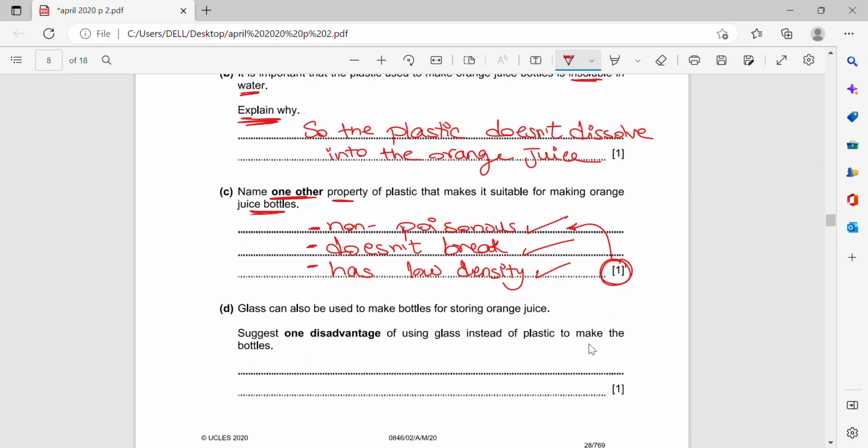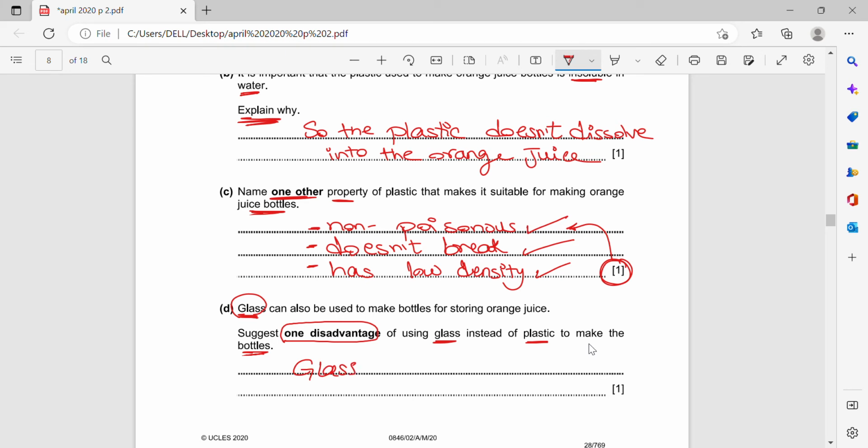The last one, glass can also be used to make bottles for storing orange juice. I can use glass. Suggest one disadvantage. ايه العيب بتاع الجلاس instead of plastic to make the bottles؟ ليه أنا بفضل البلاستيك than glass؟ ايه مشكلة الجلاس؟ The most obvious disadvantage للجلاس ايه؟ Great.